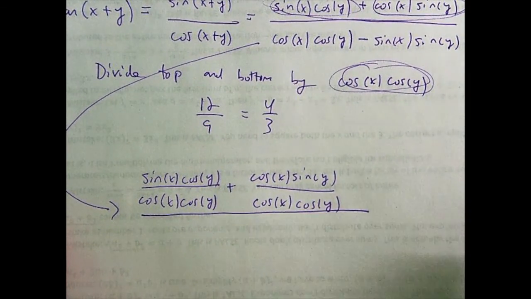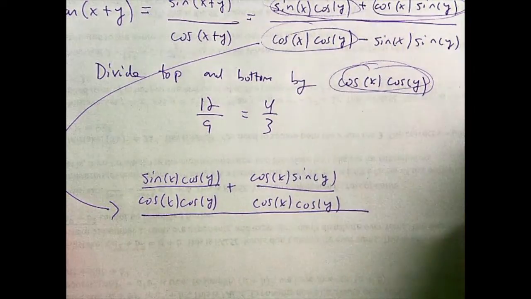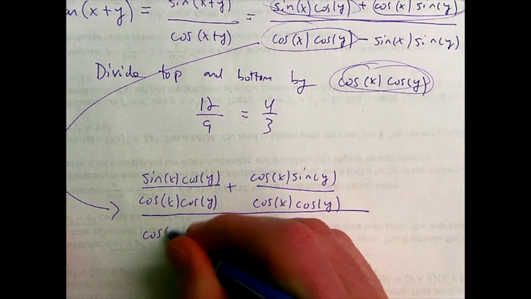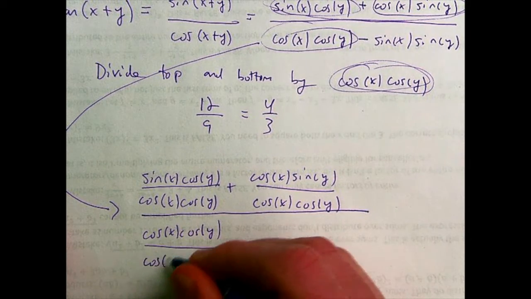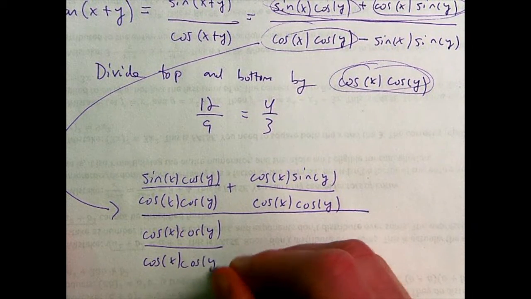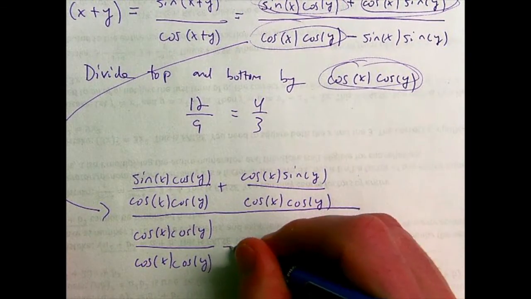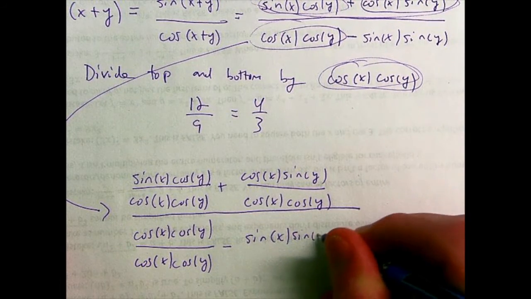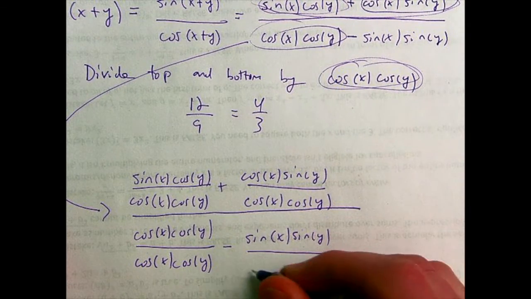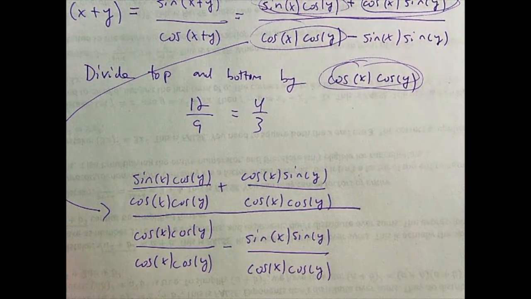And same thing in the denominator of the big fraction, right? So I'm going to divide this thing by cosine x, cosine y. And finally, I'm going to divide this last term by cosine x, cosine y. So sine x, sine y over cosine x, cosine y.